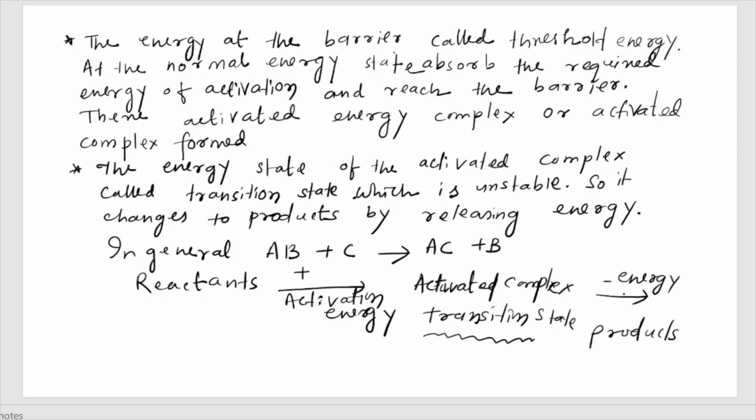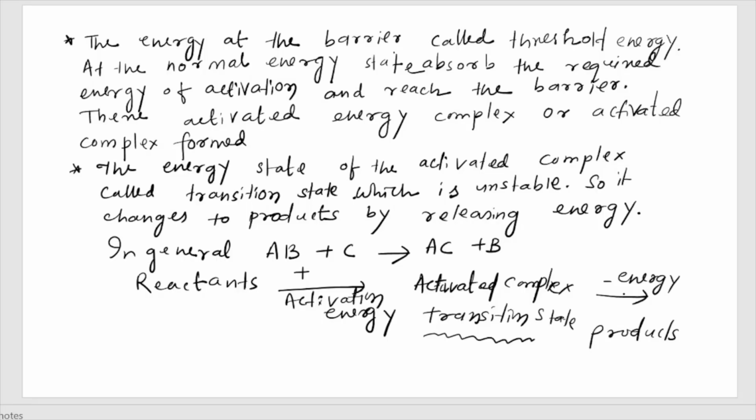Remember, in the transition state, or activated complex, the reactants first absorb, or you can say require, activation energy to form the activated complex. That is also called the transition state.